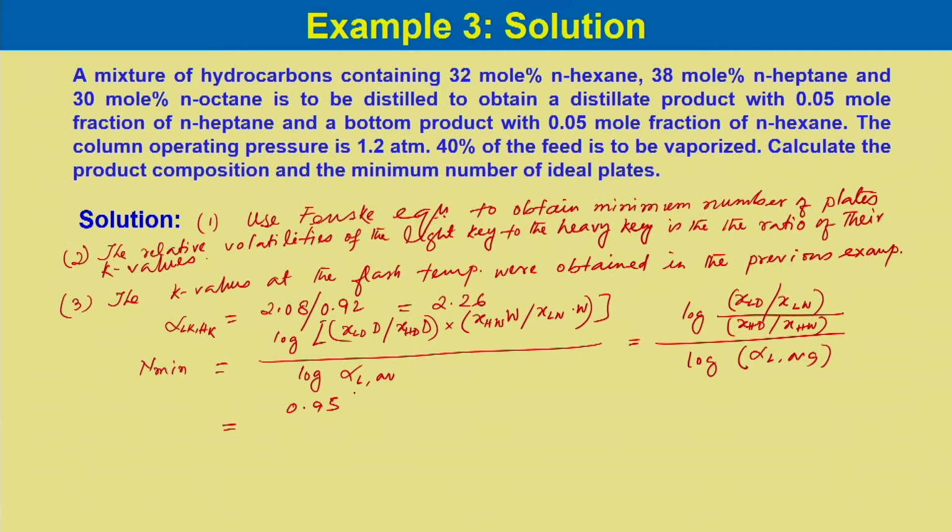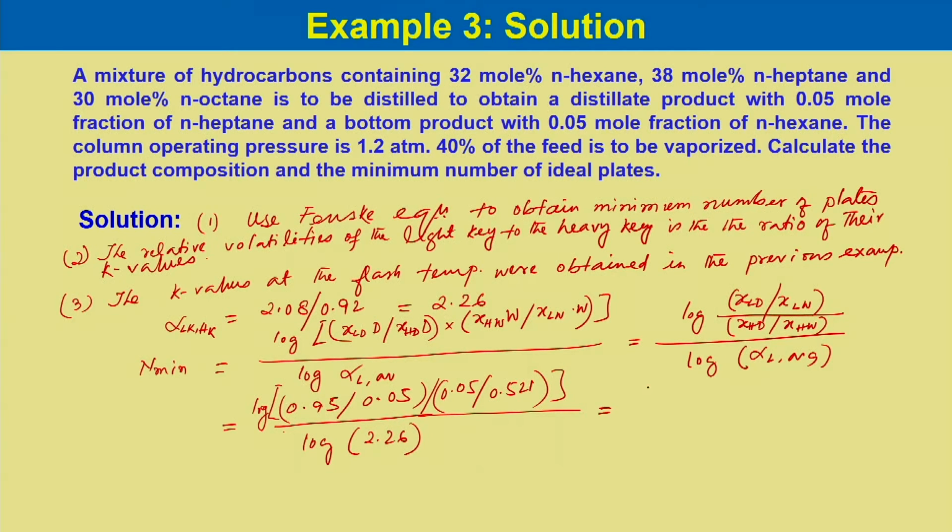Now, if we substitute the values, it would be 0.95 divided by 0.05, divided by 0.05 by 0.521, divided by log 2.26.